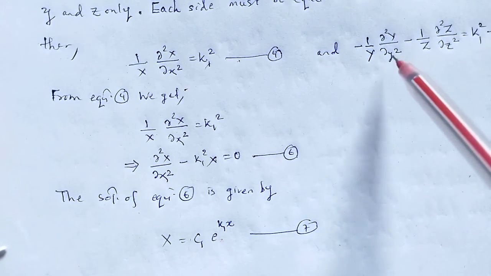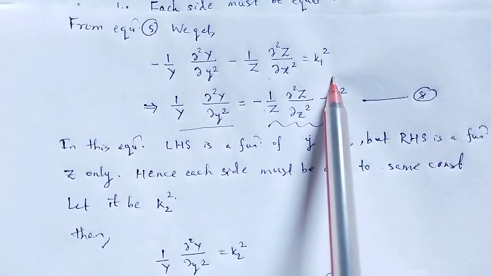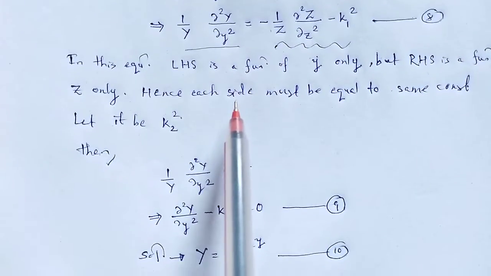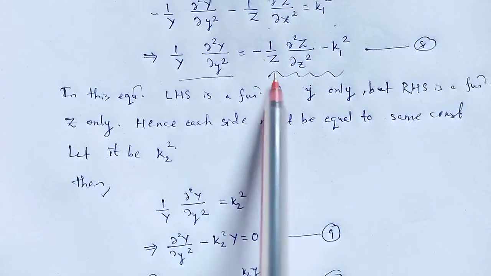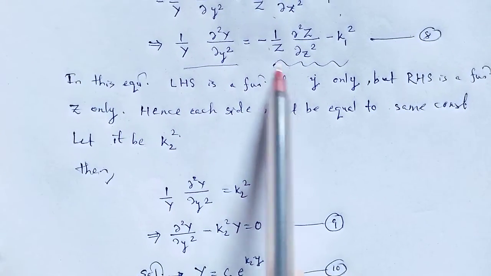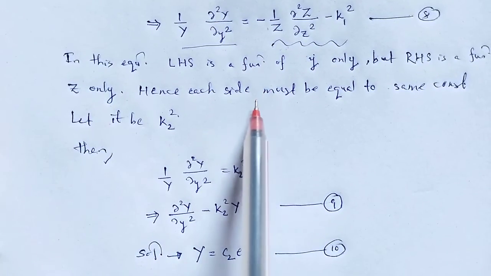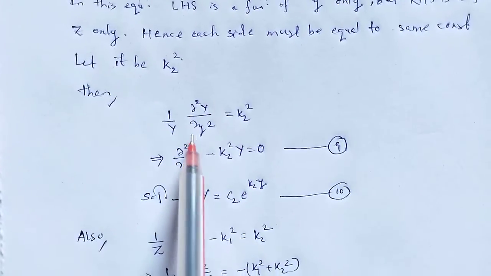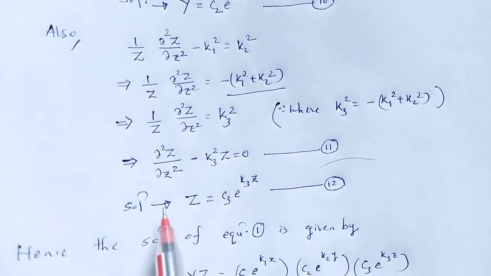Again equate that side with that same constant. Also we get another way to define the two sides to the same constant k2 square. Again there will be two solutions.